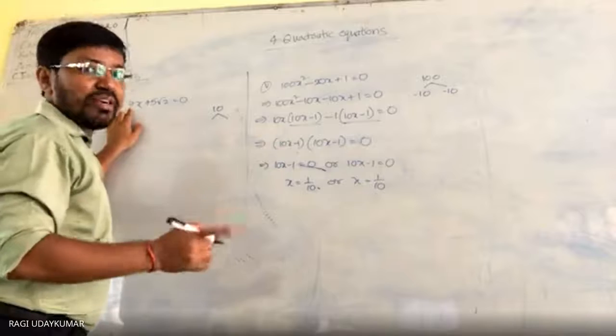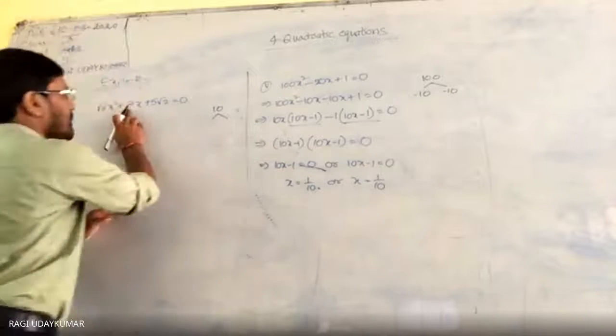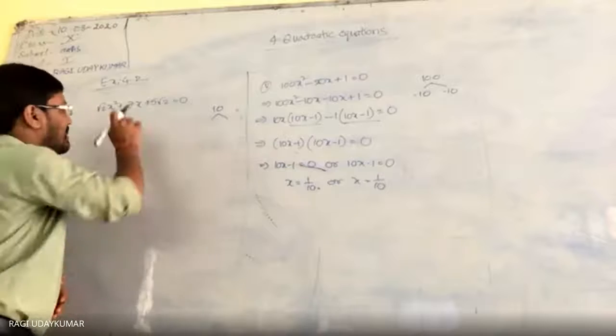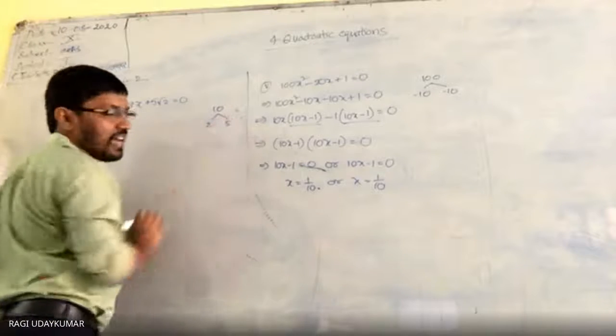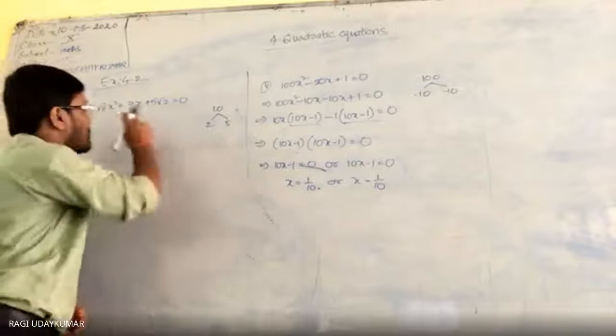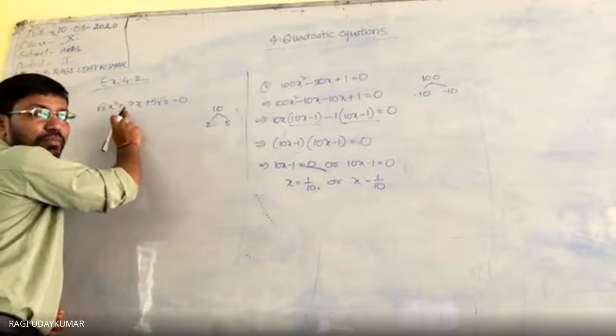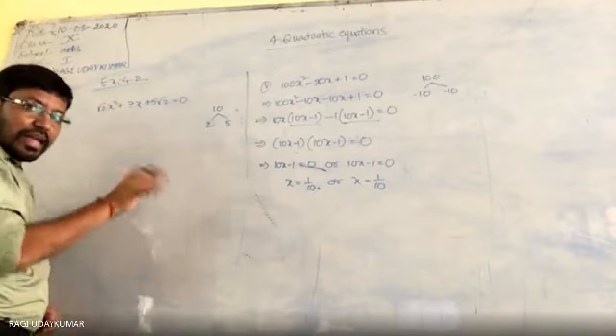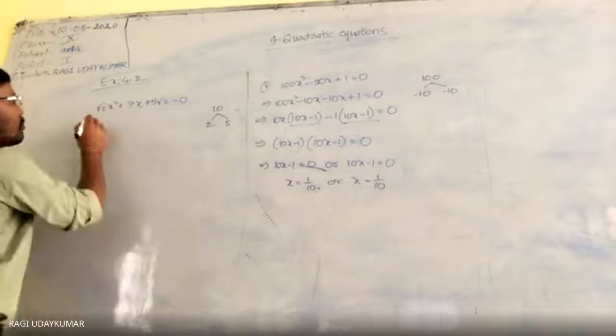Suppose here 11 is given, then 1 and 10 should be taken. As it is given 7, then 2 and 5 we are taking. 2 times 5 is 10, and 2 and 5 add to 7. I will also explain the case of 11 if you want.